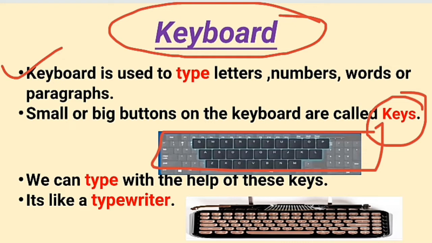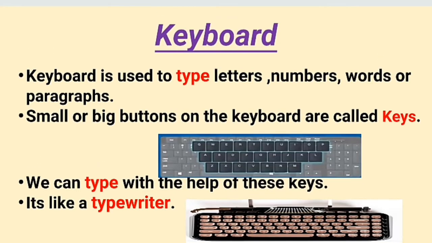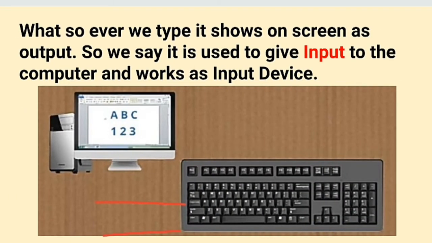How the keyboard looks, we can compare it with the typewriter. Previously we used the typewriter for typing words, letters or paragraphs, but nowadays everything is computerized, so we are using the keyboard for typing.